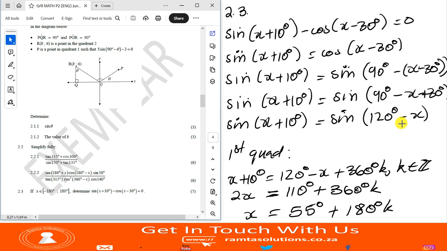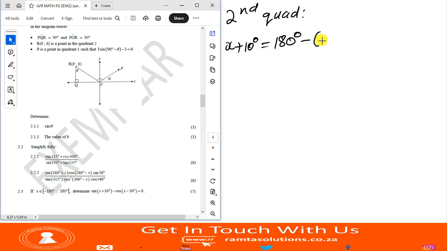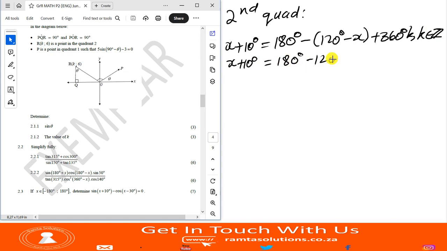Remember, I said I'm considering this to be our reference angle. 120 degrees minus x plus 360 degrees k, where k is an element of an integer.